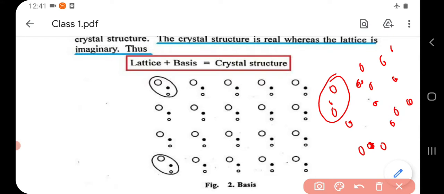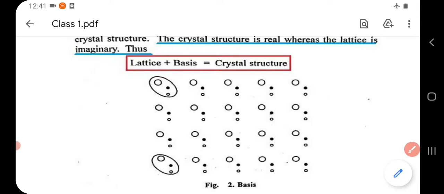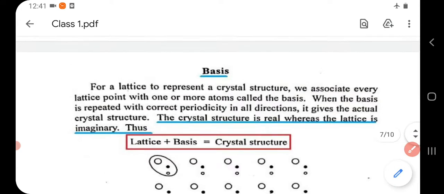Another lattice point is associated with an atom or molecule. Once each and every lattice point is associated with an atom or molecule, then you will get a basis. When this basis is repeated periodically in a regular fashion in all directions, then you will get the crystal structure. So lattice plus basis forms the crystal structure.